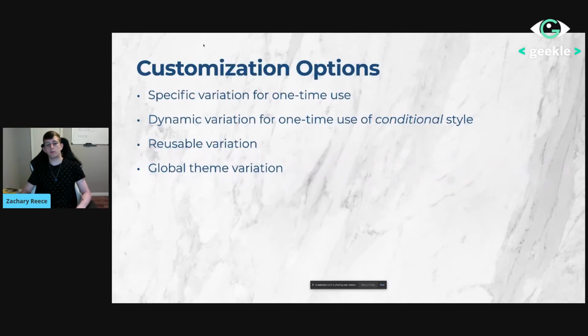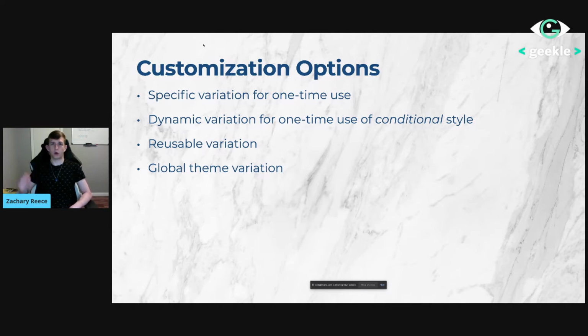So there are multiple different options for styling your components and customizing them based on different scenarios that you might encounter. We'll explore each of these throughout the talk, but we'll briefly review them for now so that we can get the idea in our heads. The first option is a specific variation for a one-time situation, when you just need one instance of a style.